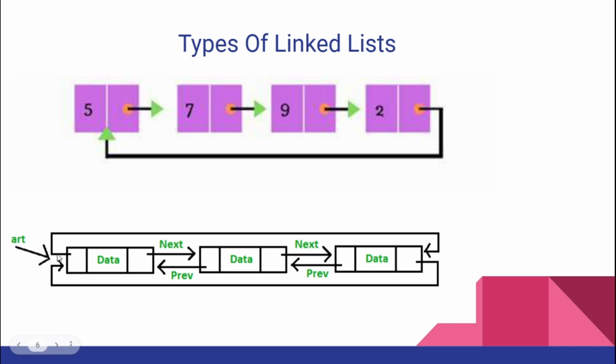The previous of the head node doesn't point to null. Instead it points back to the last node, and the last node's next points back to the first node. So you see, one similar feature of both circular linked lists is that there is no null in them. So next up we'll be looking at the applications of linked lists in the real world.